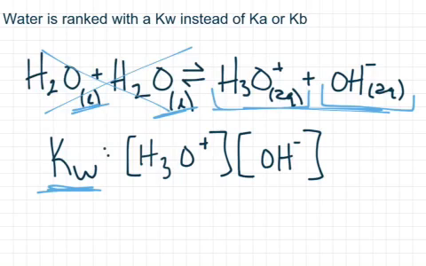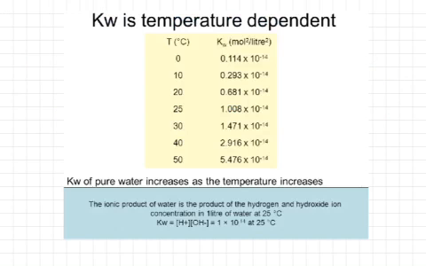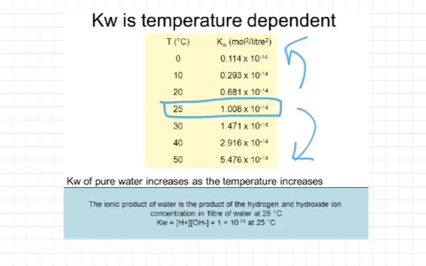The Kw of water is always a relationship between how much hydronium is in the water and how much hydroxide is in the water, which changes with temperature. Most of the time we're going to be looking at this one, because in AP Chemistry we just assume everything is at 25 degrees, since it makes our lives easier. But notice that the Kw decreases in value as it gets colder and increases in value as it gets warmer.